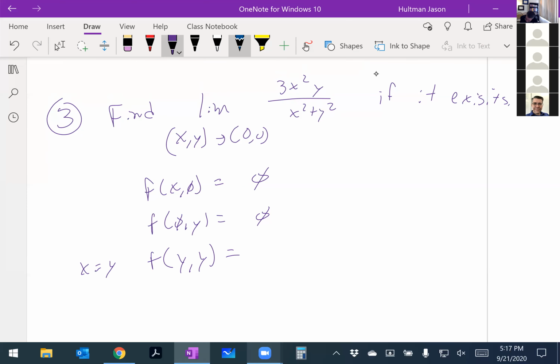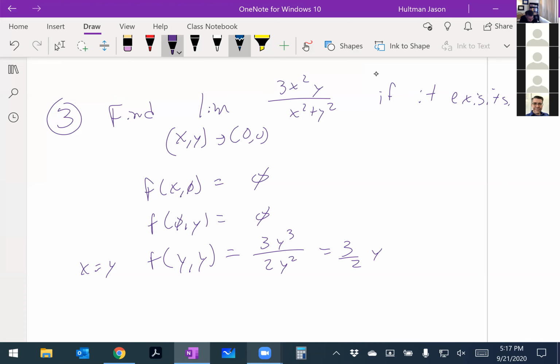Then this becomes 3y cubed over 2y squared, which is 3 halves y. But we're saying that we want this thing to go to 0, 0. So y is going to 0.